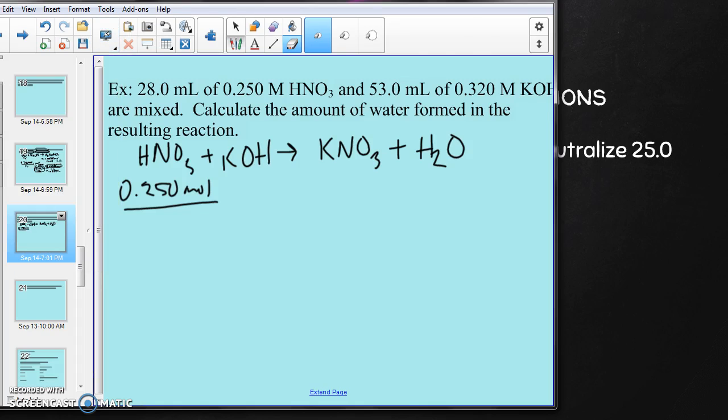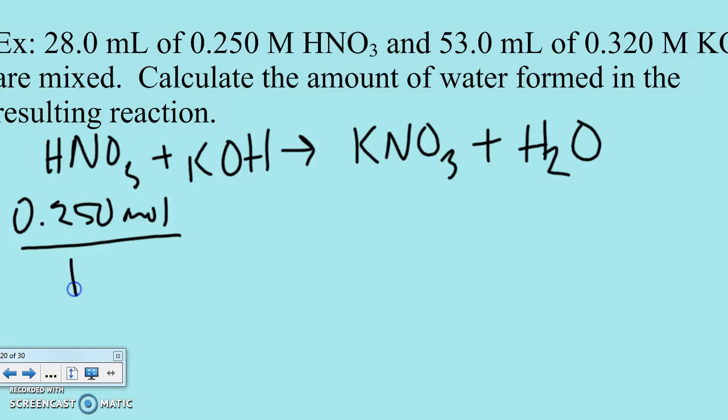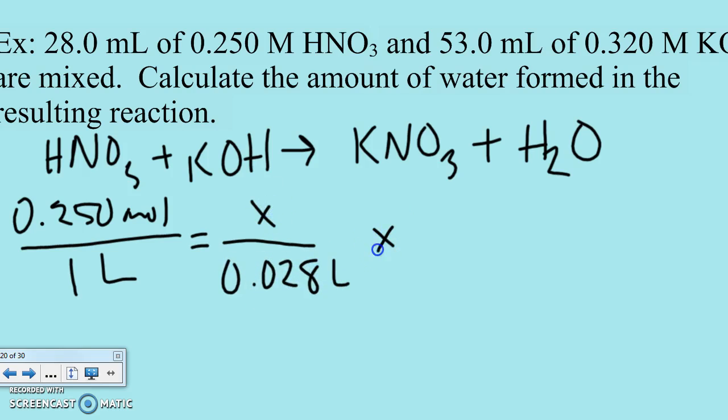Oops. Let's see if I can go back here. Sorry. That's 0.25 moles per 1 liter, but we don't have a liter. We have 0.028 liters of it. So that will tell us how many moles of HNO3 we have. And when you solve that, you get 0.007 moles.